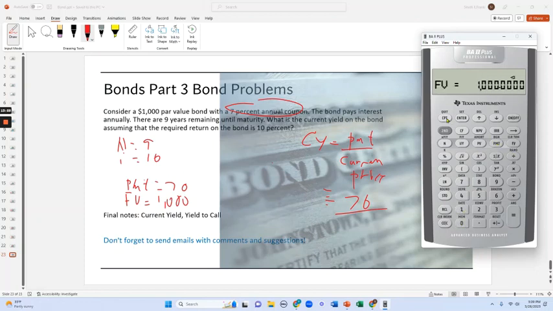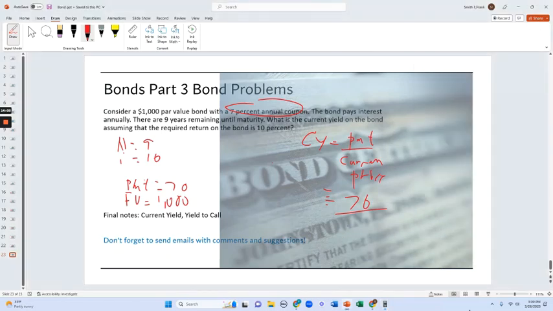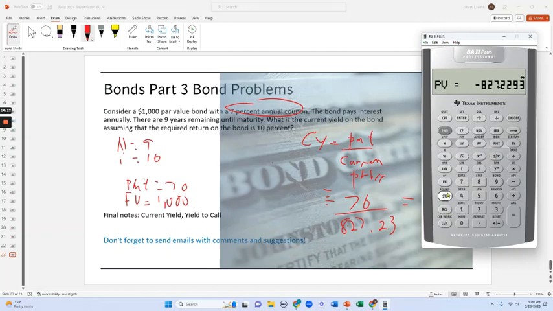When you compute the present value, we get $827.23, that's what that rounds out to. And when we take the $70 and divide it by that, we can actually store this as 1.